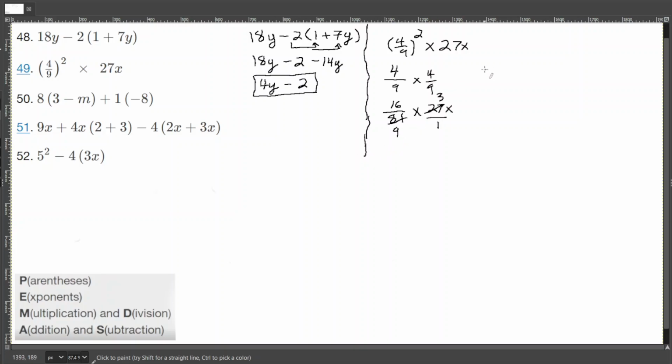So now we can multiply like normal. And I feel like I didn't go far enough, right? There's another factor I could do here. What could I have done different other than 9?